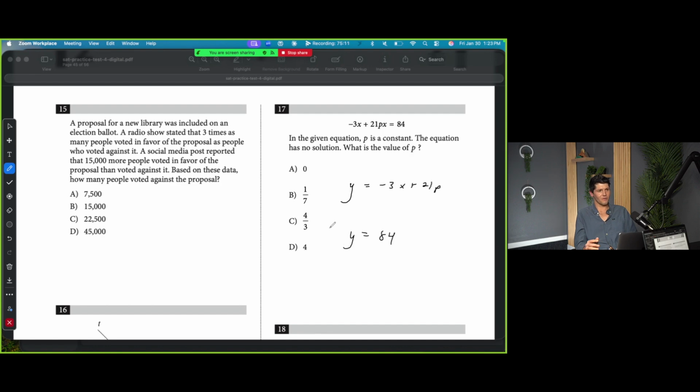And you'll say, what's the slope of y equals 84? And people will blink at you because you've asked a silly question, right? So let me ask that silly question. What is the slope of y equals 84? Well, that's just the horizontal line. So it's 0. Slope is 0. So basically, if you ask that question, you can get a person to see that negative 3x plus 21px (I forgot to write an x in here) has to also have a slope of 0. And you can think about what that means, right? Cool. All right.